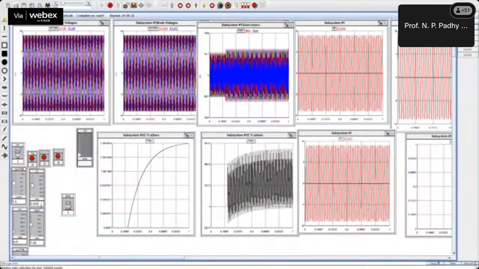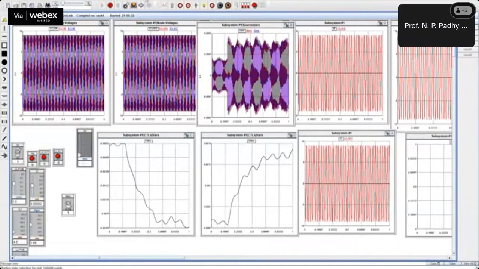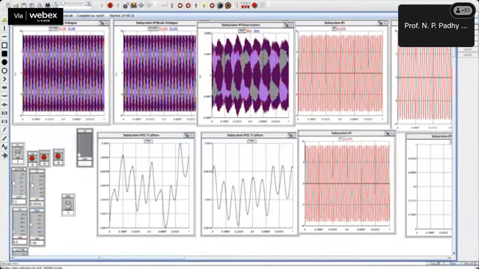The runtime of the RSCAD platform is shown. First, the system is run in open loop, that is, the wind emulator output is not fed back to the system as the grid is not synchronized with the stator of the DFIG.